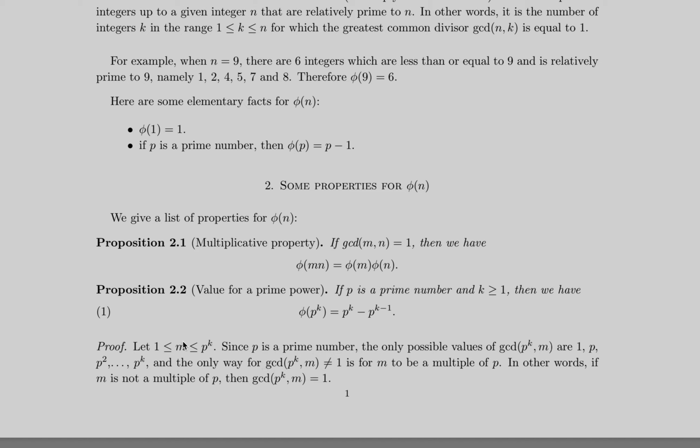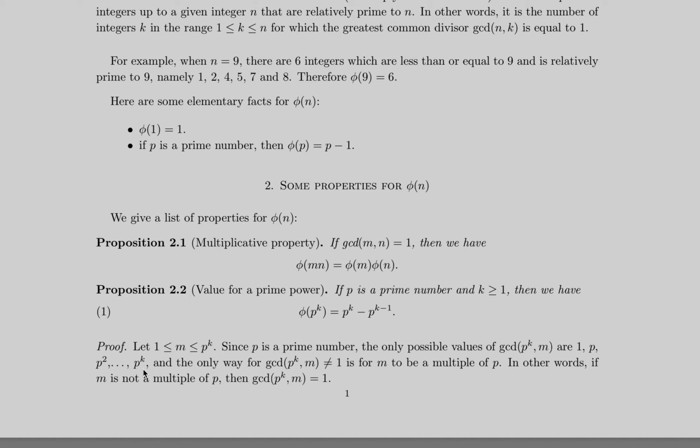For example, we just consider any integer m between 1 and p to the power k, where p is a prime number. Now consider the GCD of p to the power k and m. Because p is prime, when you're considering the GCD, you have to consider the divisors of p to the power k. What are the divisors? You don't have many choices, just 1, p, p squared, up to p to the power k. So there are not many cases.